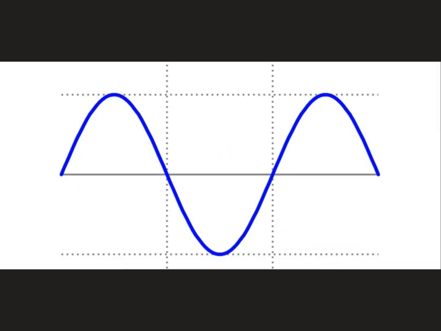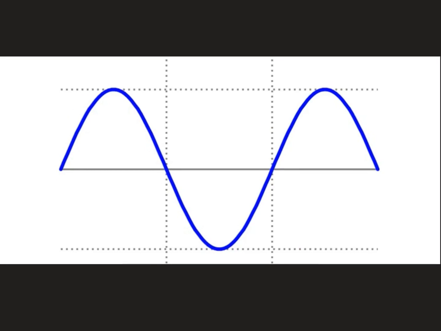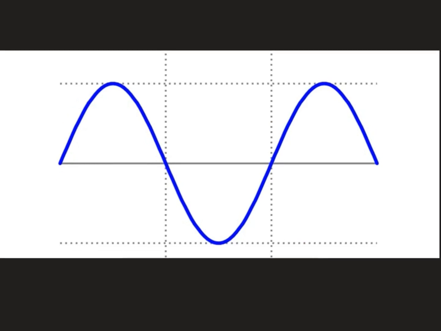So again, the amplitude is from the resting position to the highest point, or the resting position to the lowest point. So these are both amplitude.